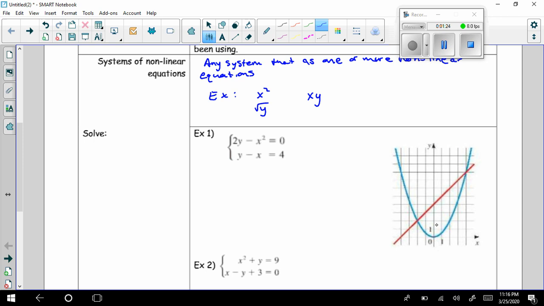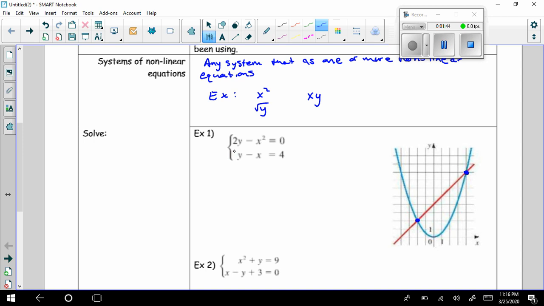All right, so here's an example of a quadratic intersecting with a line. So that would be nonlinear because you have your x squared. And so again, you can use substitution or elimination to see where these points of intersection are. This one is actually set up perfect for either.